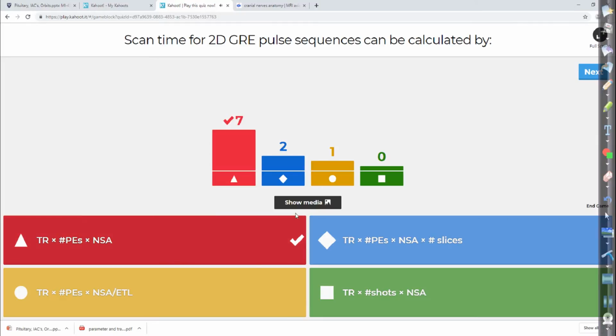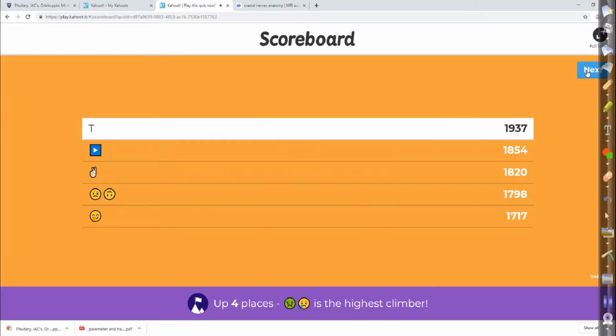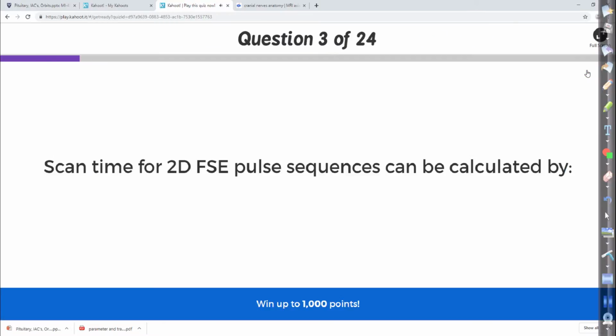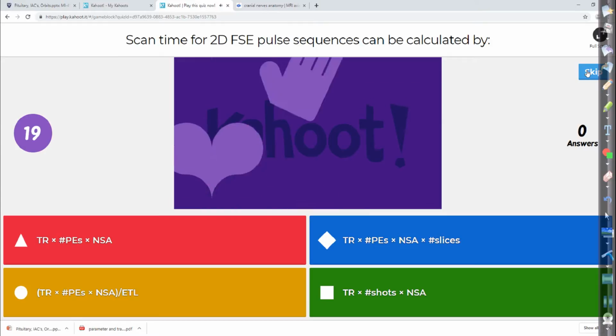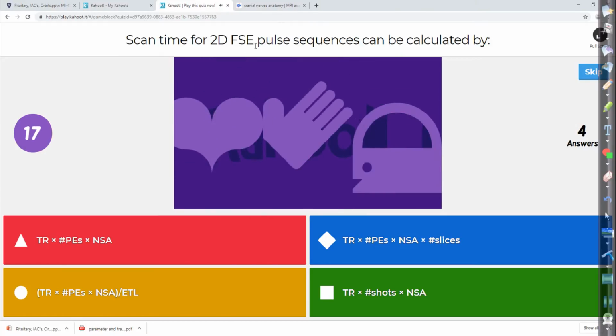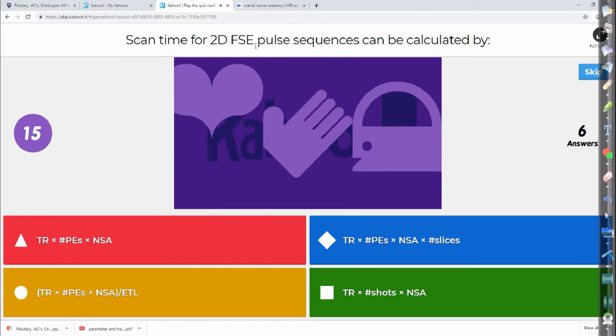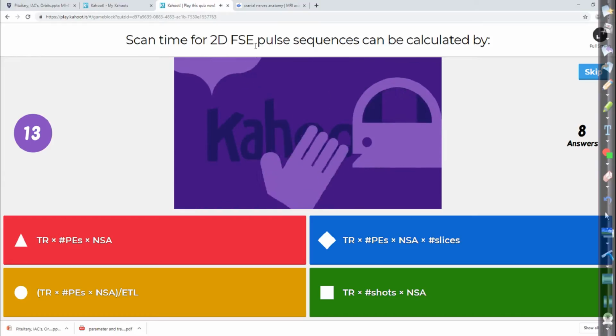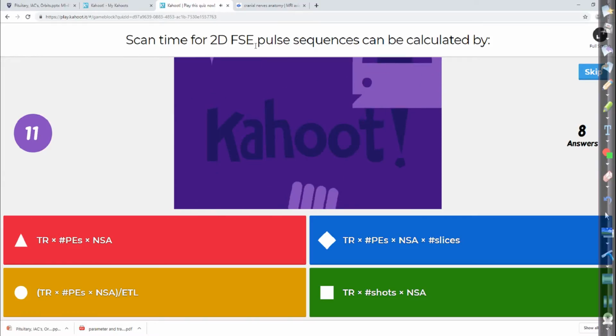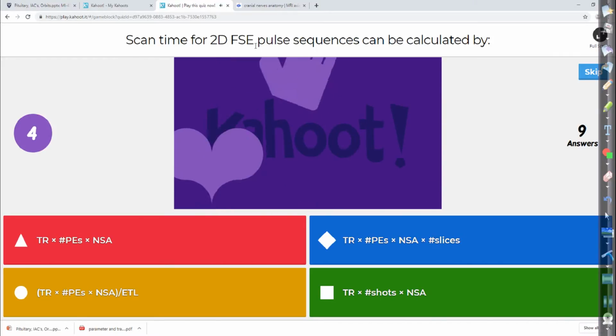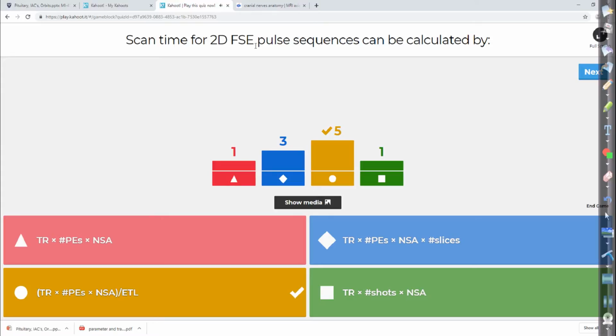Same equation. Gradient echo and spin echo. Fast spin echo. Forget to see this FSE. Fast spin echo. Good. Divided by echo train length.